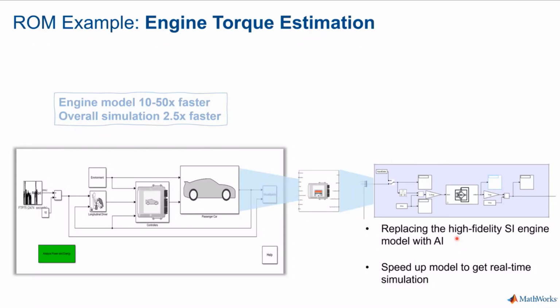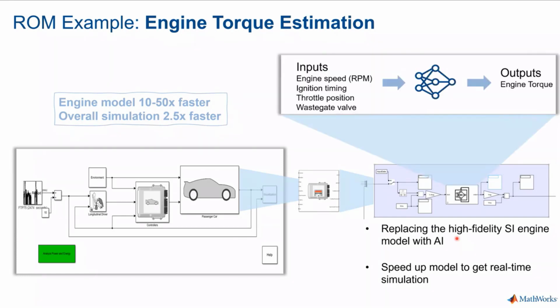And like that, we could speed up the model to get real-time simulation. So the AI model took as an input the engine speed, the ignition timing, the throttle position, the wastegate valve, and the output was the engine torque.